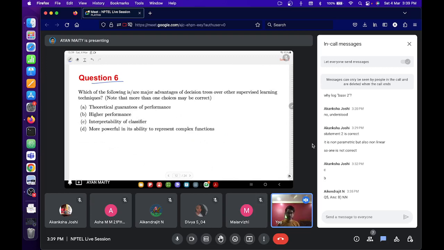So which of these options should be correct here? Advantages of decision tree. You can write your answers in the chat.